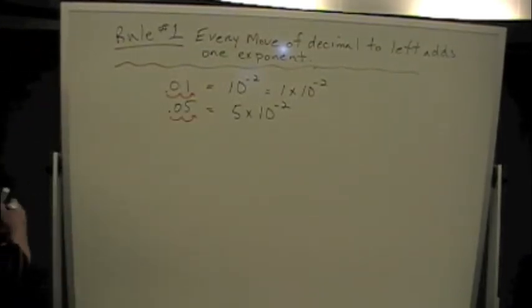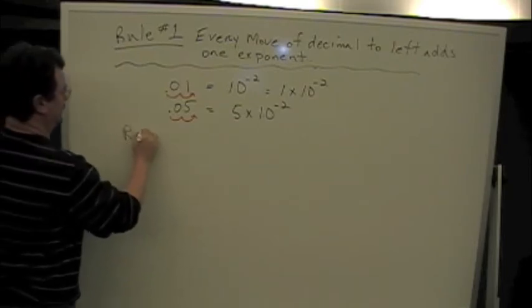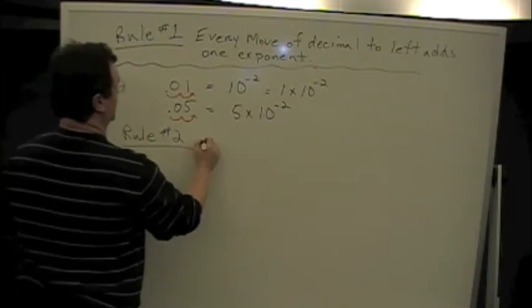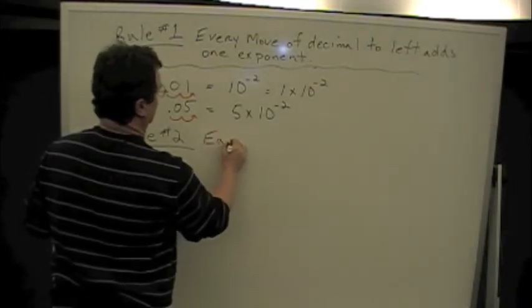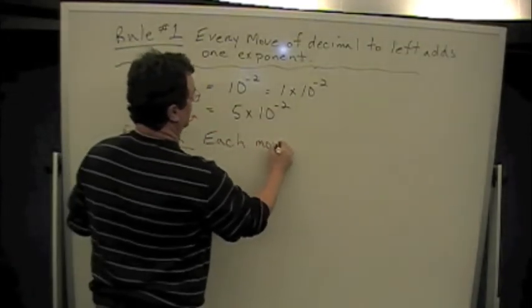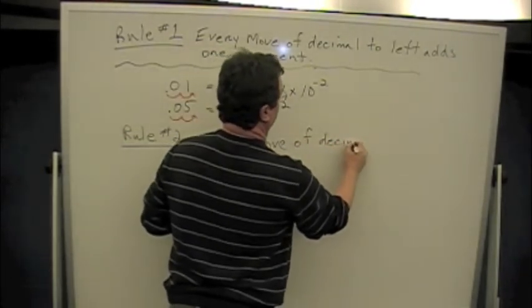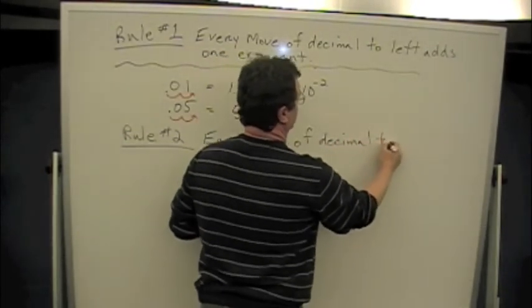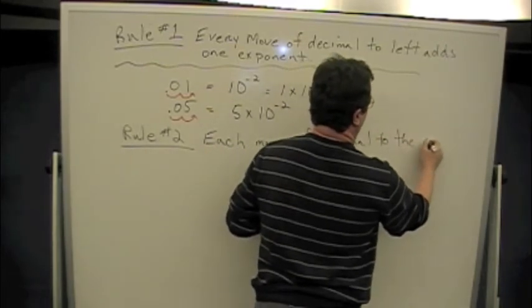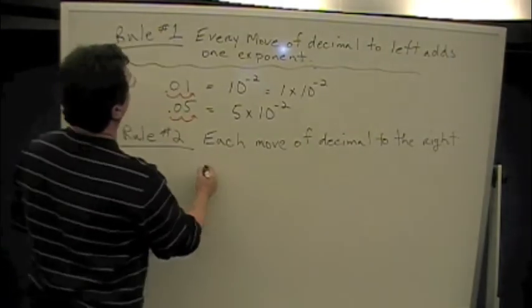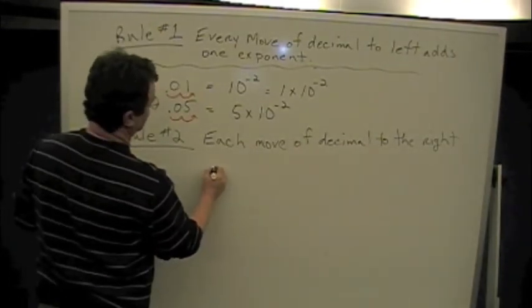So rule number 2 then is each move of the decimal to the right subtracts 1 exponent.